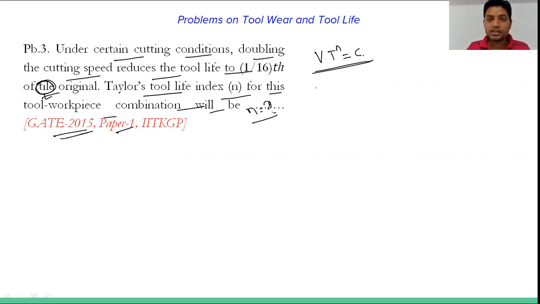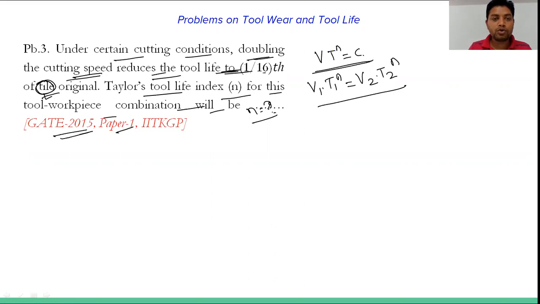Two conditions are given, so we can directly use this equation for the two conditions. First, the cutting velocity is v1 and the tool life is t1, and for the second, cutting velocity is v2 and the tool life is t2. Doubling the cutting speed means the second cutting speed is 2 times v1.